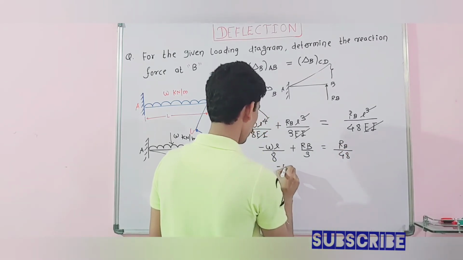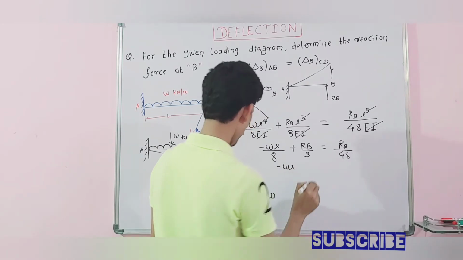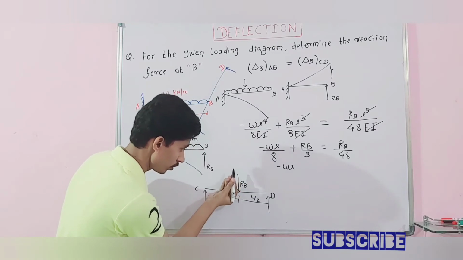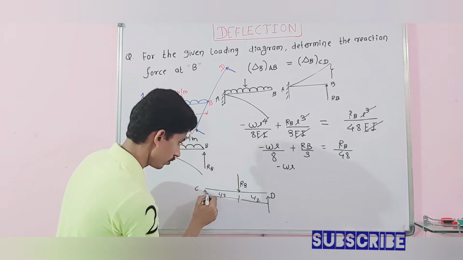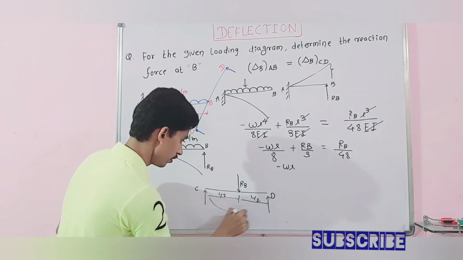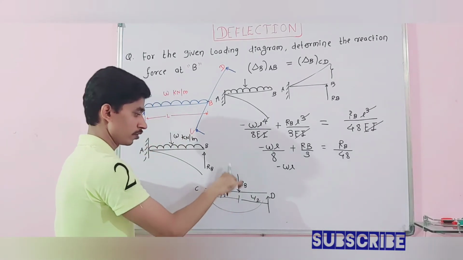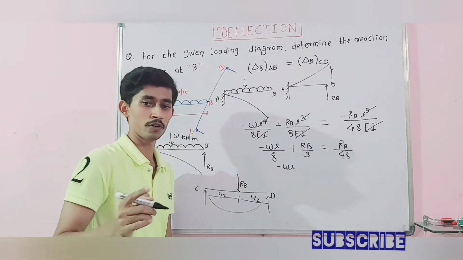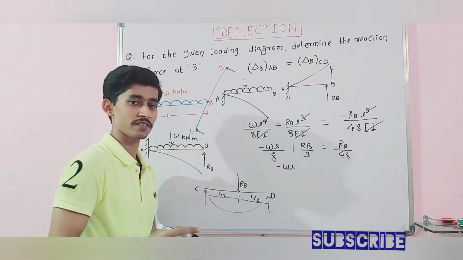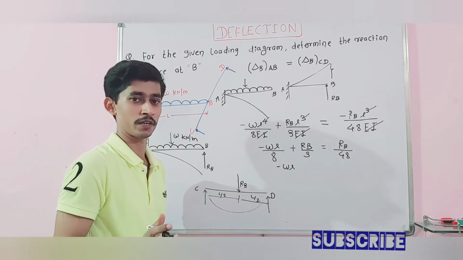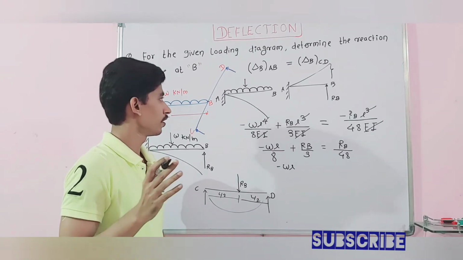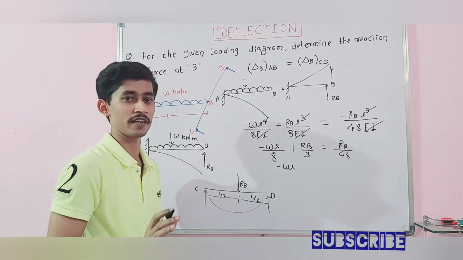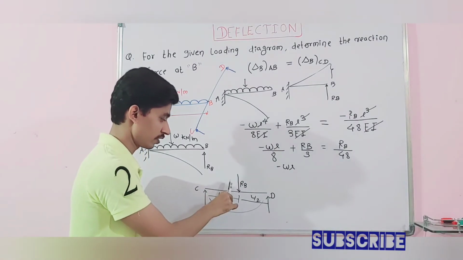So minus of WL, and due to this RB, the slope will be acting in the downward direction. Due to this downward direction, we have to consider this as a minus. So don't forget this. Reactions and directions are important in deflection. If you write the correct directions, you will get the right answer. So this is the most important thing.